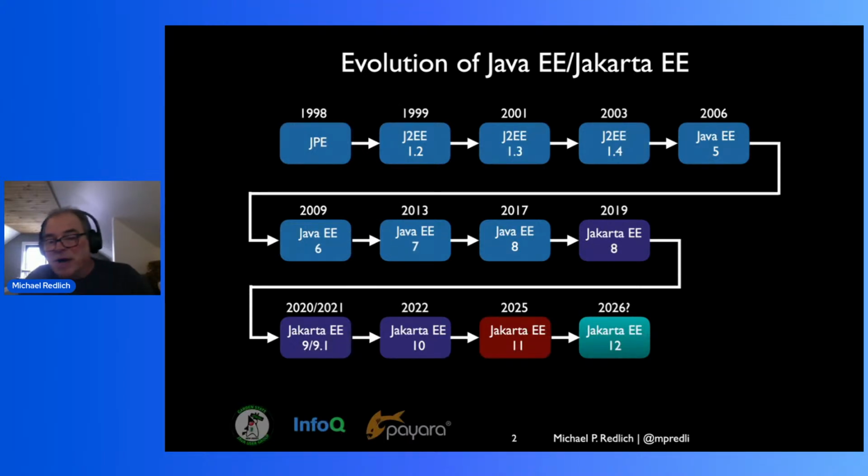And Java EE 5 introduced things like the EJB 3.0 spec, the Java Persistence Architecture, Java Server Faces. Java EE 6 introduced the concept of the profiles that we know today, the platform, web profile, and the core profile that was introduced in Jakarta EE 10.